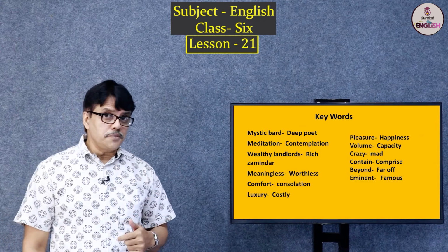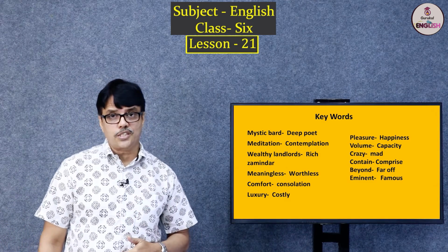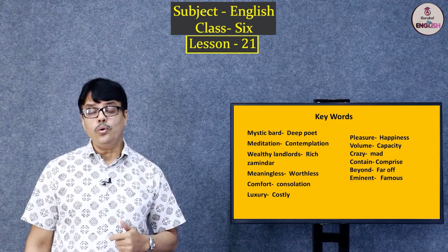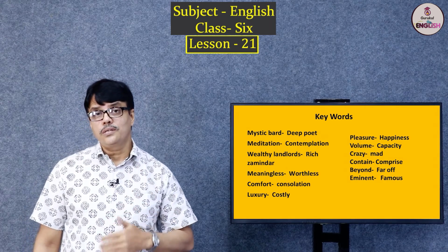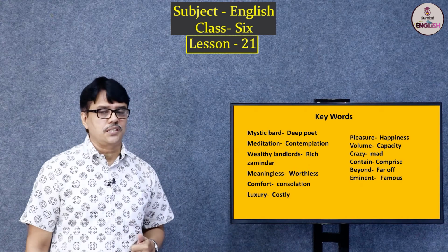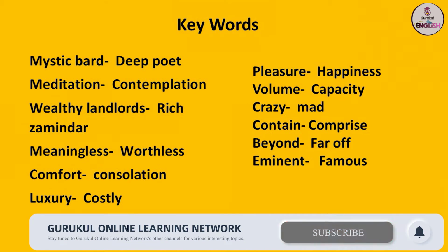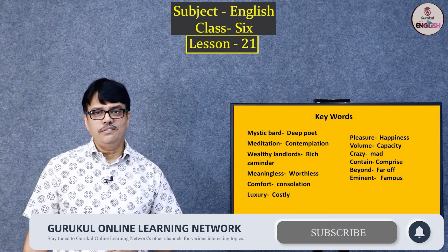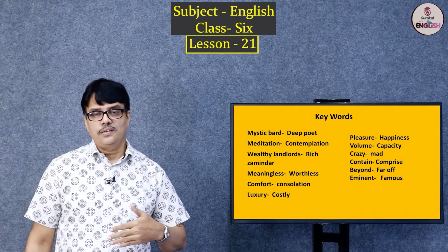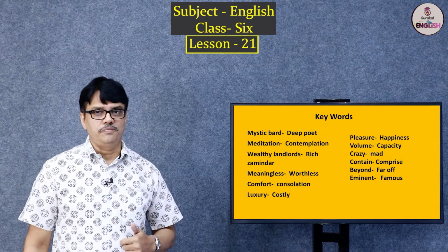Okay, my students, before going to read the text, we have to know some meanings of the word. That are the key words of this lesson. You see, at first, mystic bird means deep poet. Actually, in Bangla, mystic bird, that means charon kobi.